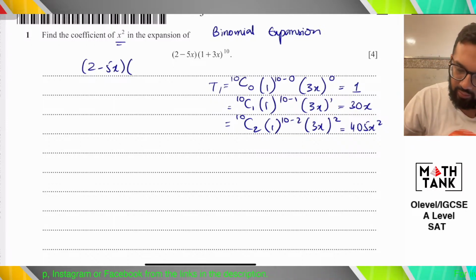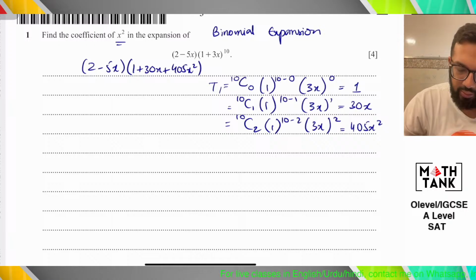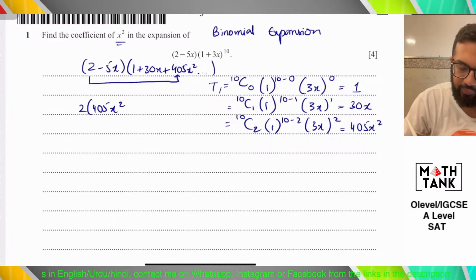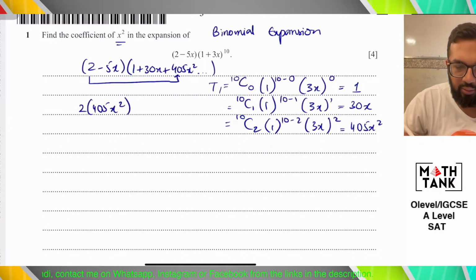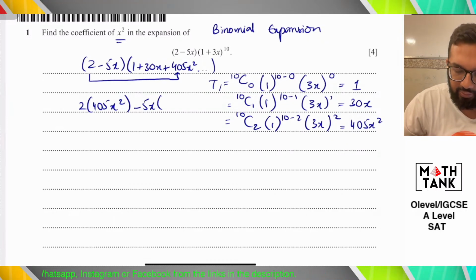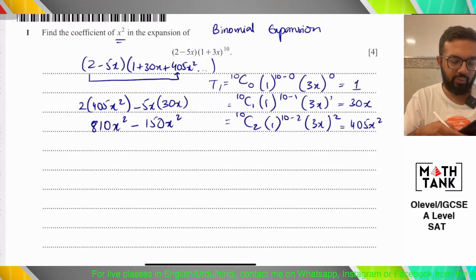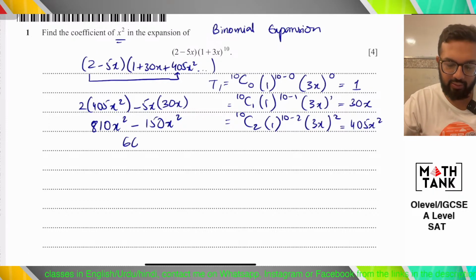Okay, so I have 1 plus 30x plus 405x squared, dot dot dot. 2 gets multiplied with 405x squared, and minus 5x gets multiplied with 30x. 810x squared minus 150x squared. 810 minus 150 will get me 660x squared.